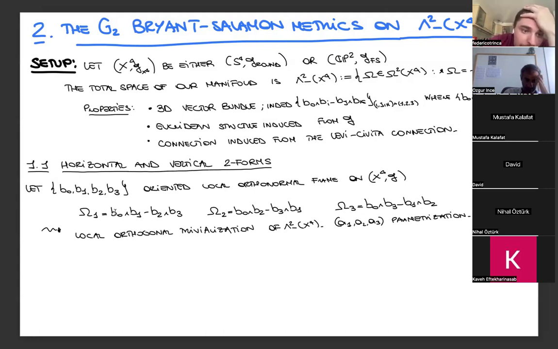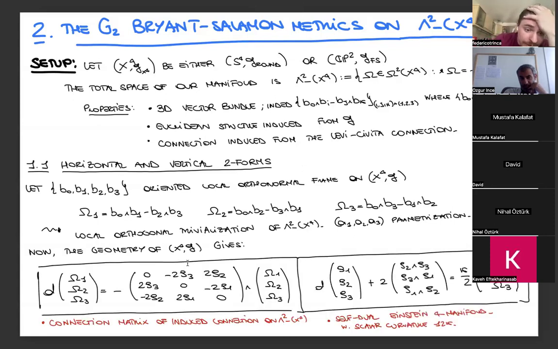These are given by b0 wedge b1 minus b2 wedge b3, or b0 wedge b2 minus b3 wedge b1, and b0 wedge b3 minus b1 wedge b2. So this is a local orthogonal trivialization of the anti-self-dual bundle of X4, and so we can find the parameterization of A1, A2, and A3.